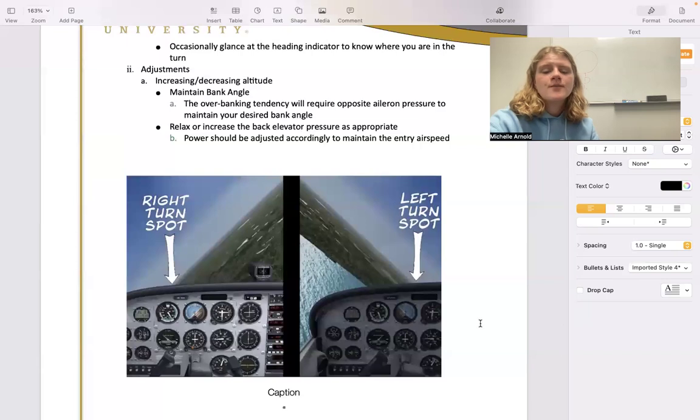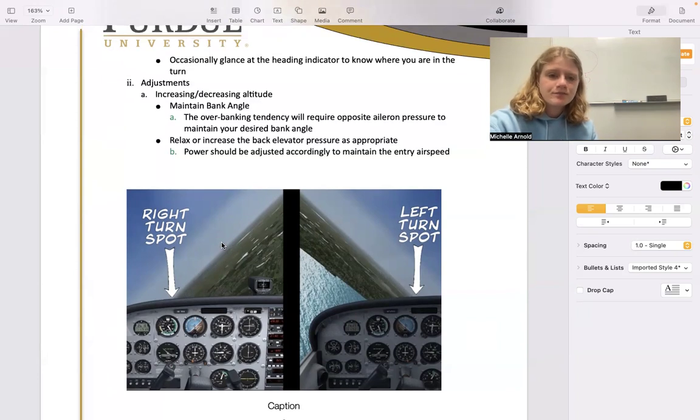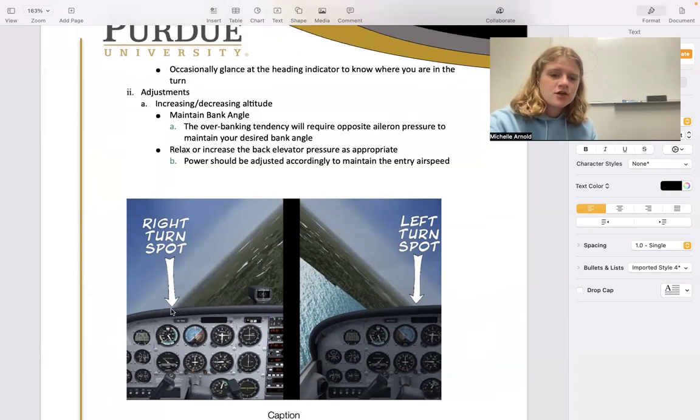So if you are rolling into a left turn, the horizon should slice the plane at about the center. And if you're on the right, it should be about 3/4. And so you're just going to see where the plane intersects with the horizon and then reference your instruments to ensure you're keeping altitude and bank angle.